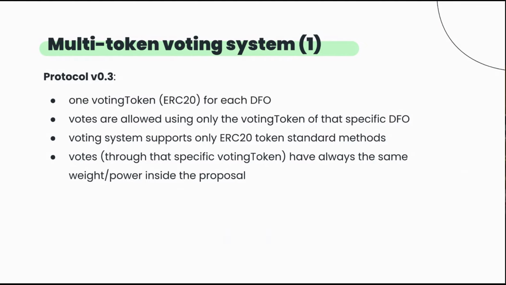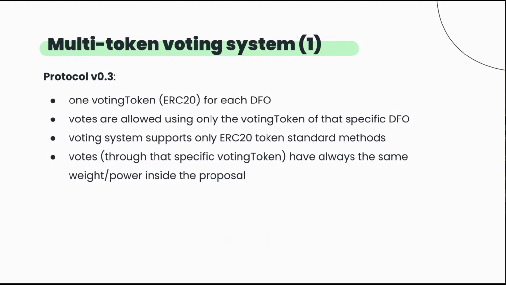So we can vote only using the voting token of that specific DFO. So it means that, for example, if we consider the DFOhub DFO, we can vote only using the voting token that in this case is Beadle, for example, that is an ERC20 token.